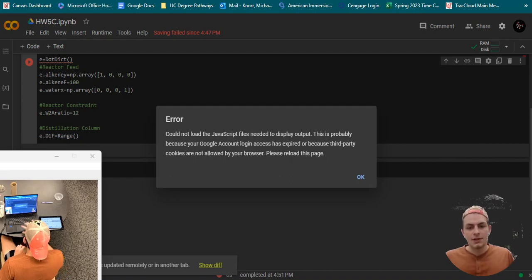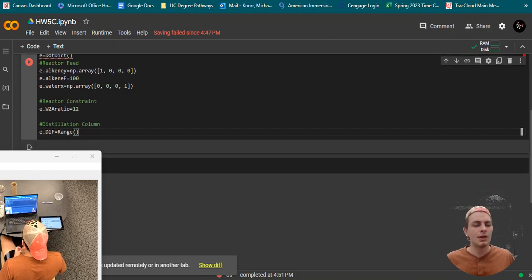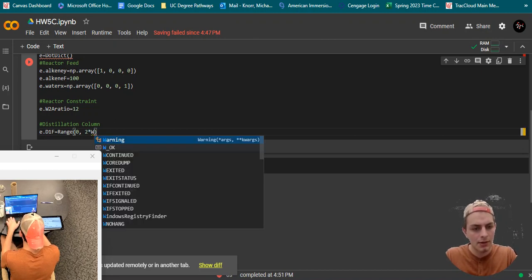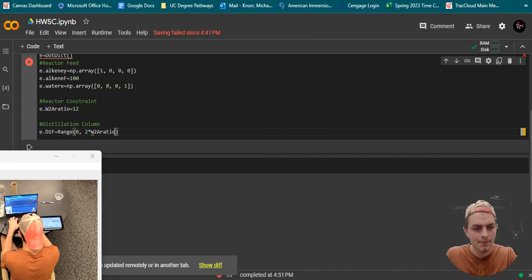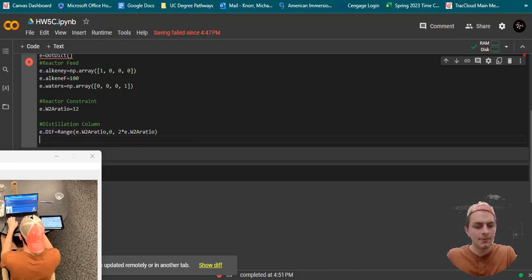Now, for this feed, we want to make it bounded from 0 to, let's say, 2 times our ratio here. So 2 times W, our water to alkene ratio. And then we can make our initial guess E dot water to alkene ratio. And I think that should work.